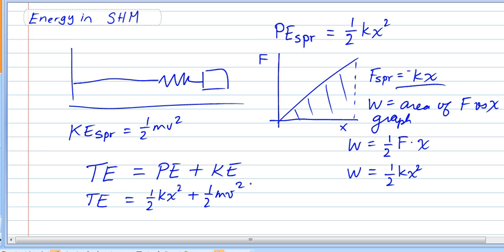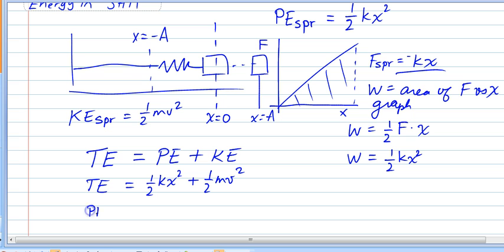And so now what we can do is think about the range of motion. So let's say that this is where x is equal to 0, or the so-called equilibrium. And let's say that we stretch it out a certain amount here where x is equal to A. That means that there's another place back here where x is equal to negative A, and that's going to represent the maximum for potential energy.